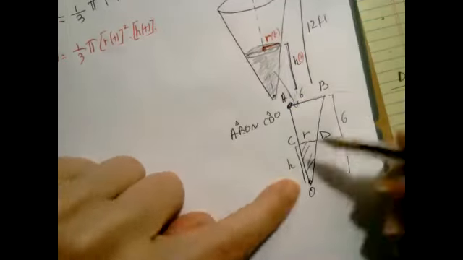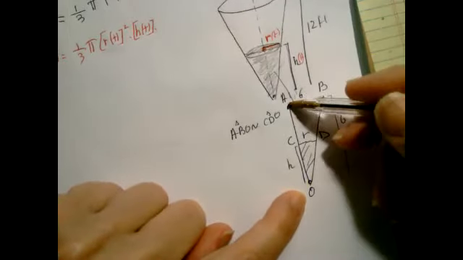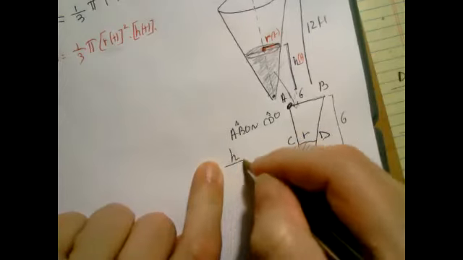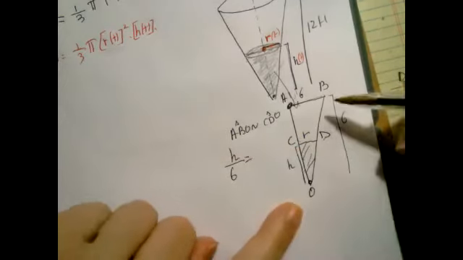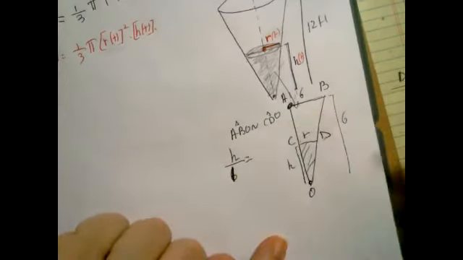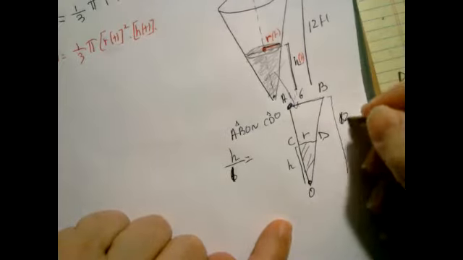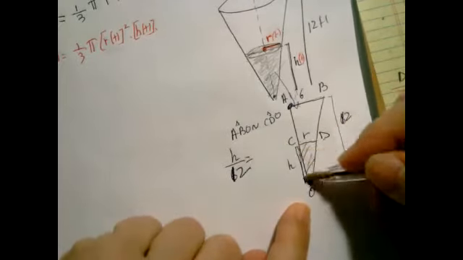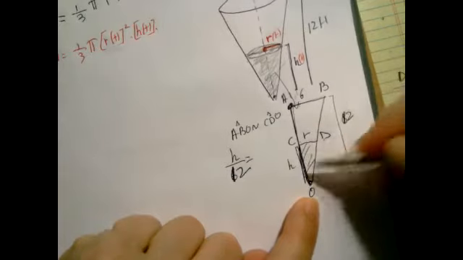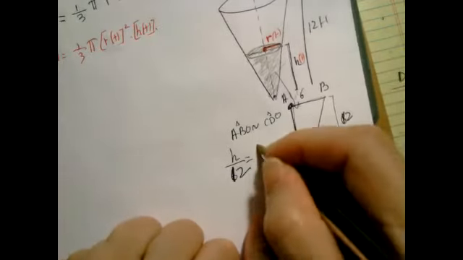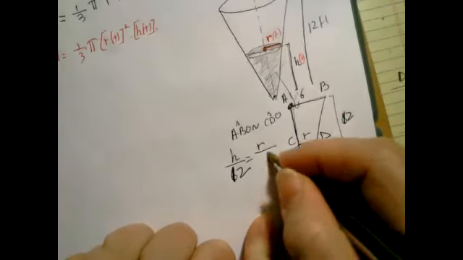And now I set the similarity. H over 6, H over, this was 12. H over 12, this side over that side, is R over 6.